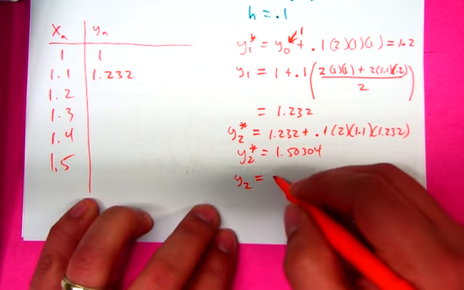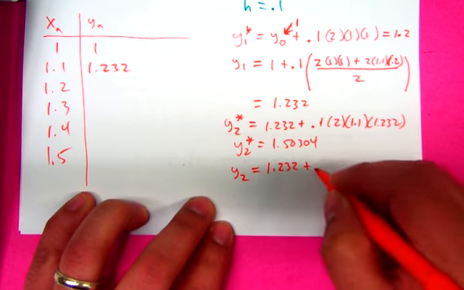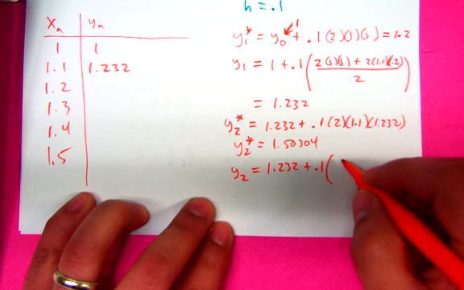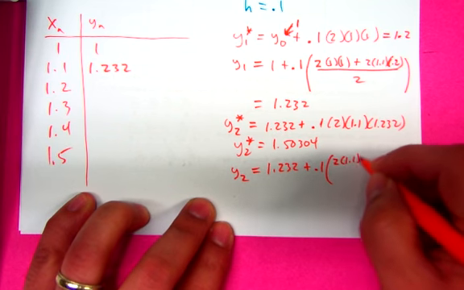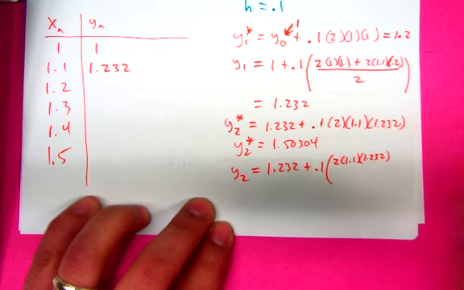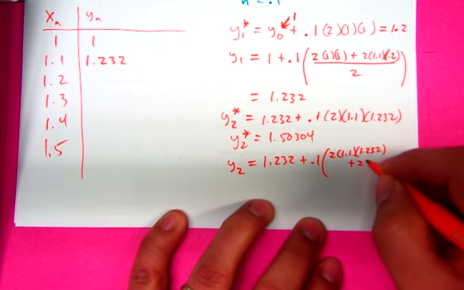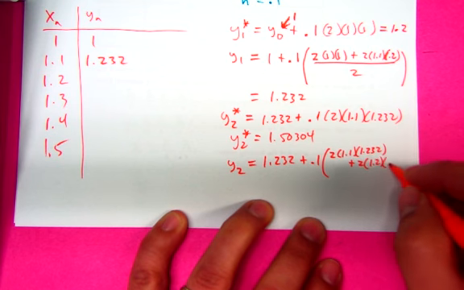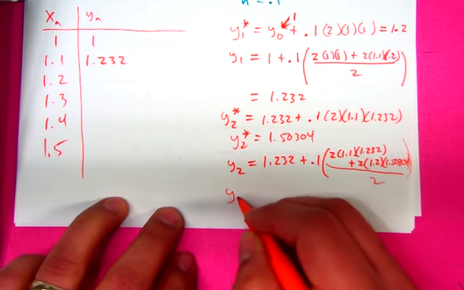y2 would be y1, which was 1.232, plus 0.1 times the average of the previous point plugged into the slope, which was 2 times 1.1 times 1.232, I'm running out of space, but you get the idea, plus 2 times the next x value, which is 1.2, times our y2 star value, 1.50304. You take all of that and divide by 2. Does anybody have that?